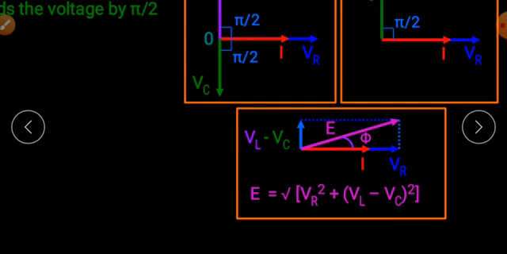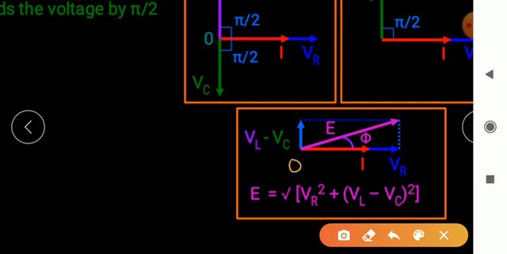In this figure, we can name this O, B, and this is K, and this is A. So OB is represented by VL minus VC. The resultant of OA and OB is OK, the diagonal of the rectangle OAKB.